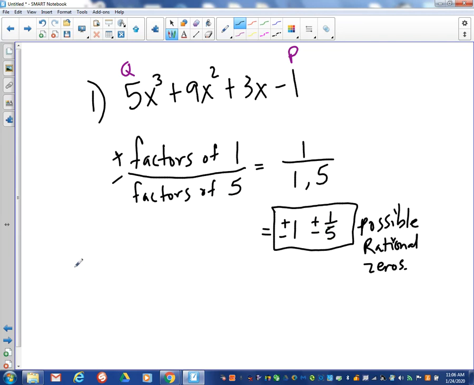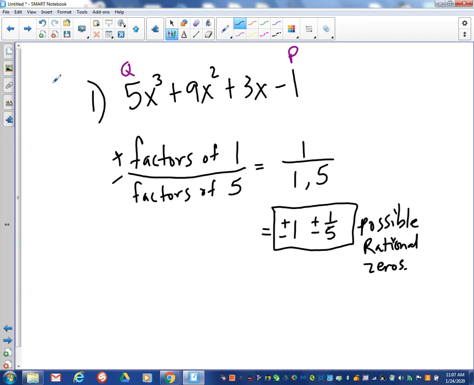So from using the rational root theorem to get a list of possibilities, that's what I'm looking for. From this list, I would try some of them in this equation, put some of them in the box to see if they work. If they work, I know it's a zero. If it doesn't, it's not. So we have to keep trying them until we find one if we want to find all the zeros.